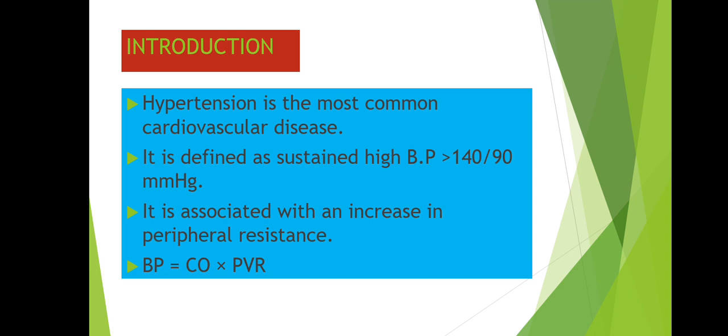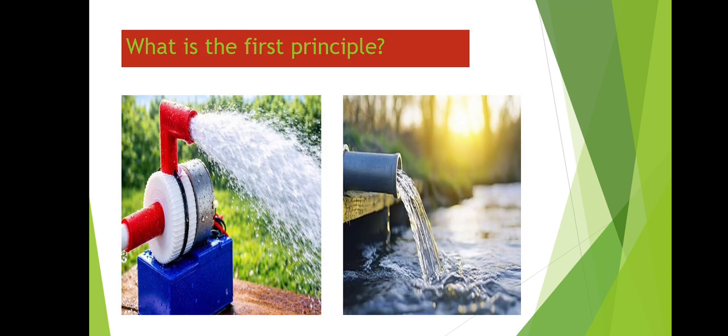Now let's understand this principle. We are going to start with the first principle, then go to the second principle of hypertension. The first principle is that blood vessels are just like water hose pipes.